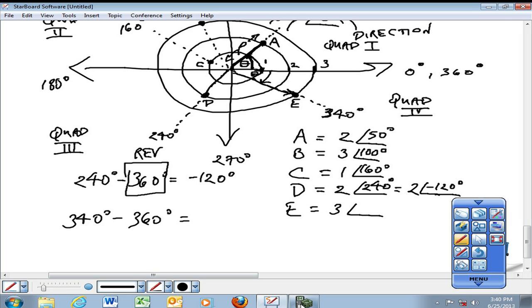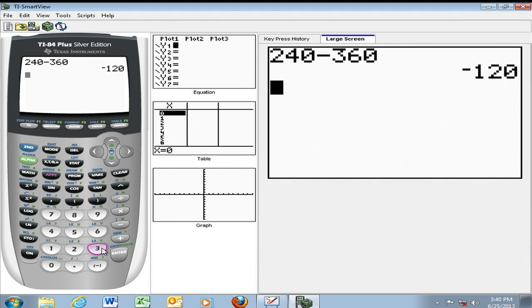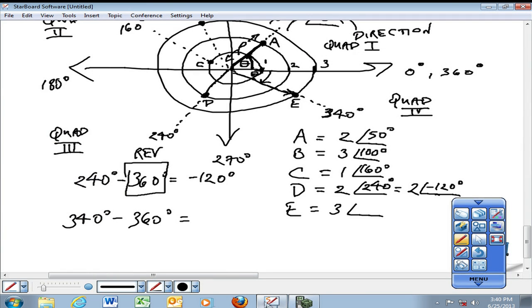So 340 minus 360, and there it is. It's a negative 20.